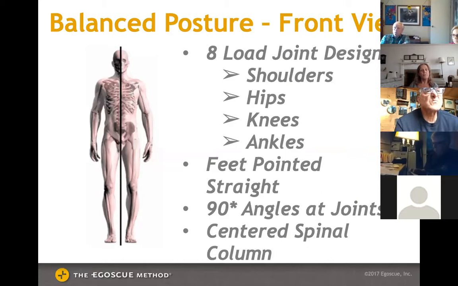Those should be stacked up vertically, right on top of each other. Shoulders can be a little broader than the other joints, that's fine, but you can see in the picture that everything is centered. They're stacked one on top of the other and also level horizontally, so shoulders are level with each other, hips are level with each other, etc.